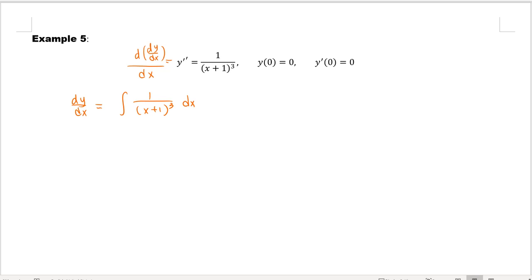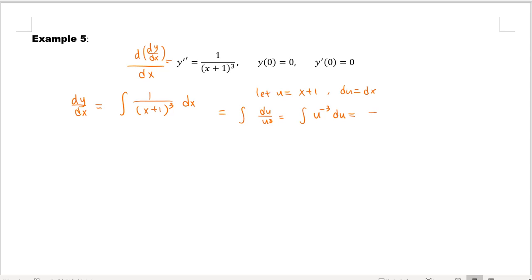What is this? Well, here we're doing u substitution. We let u be x plus 1, and then du is dx. Then this is the integral of du over u cubed, so u to the minus 3 du.